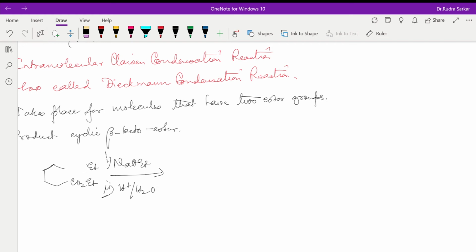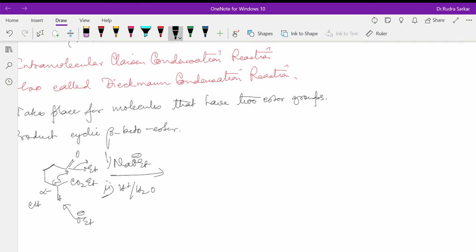So obviously now we can think that OEt will take up your H from here, this is your alpha CH, and a minus will be formed here, so this will attack here and that will go away.